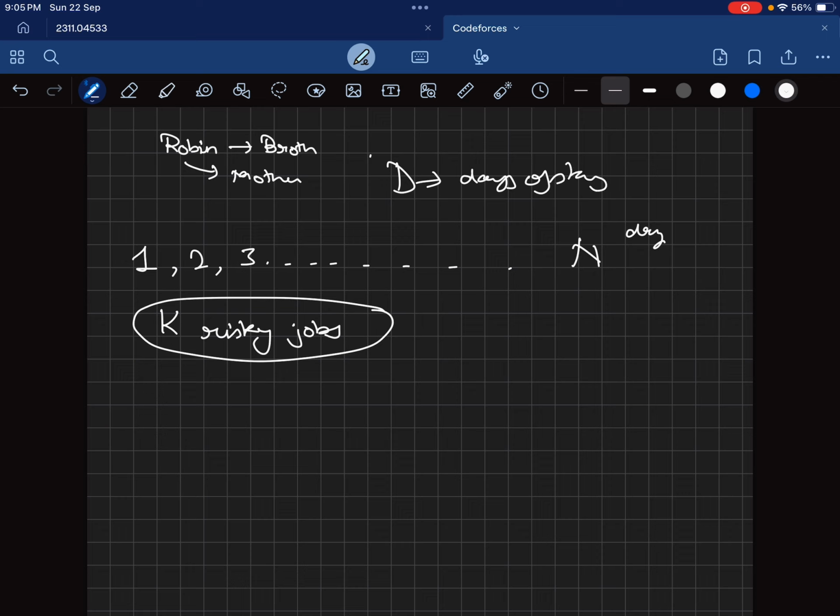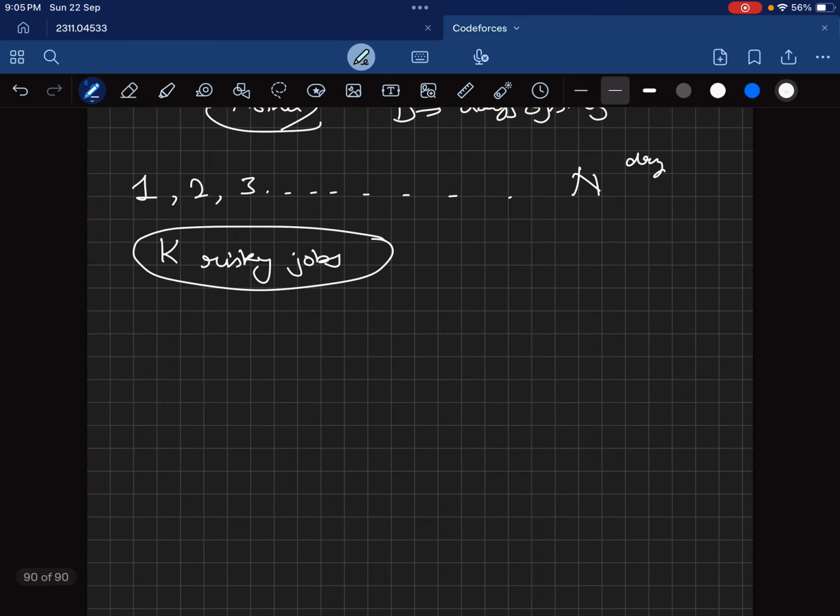We have to plan the visit of Robin's brother and mother such that the brother overlaps with the maximum number of jobs, and the mother overlaps with the minimum number of jobs. So in order to do so, what we'll do?